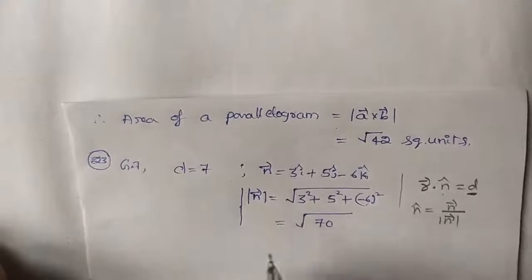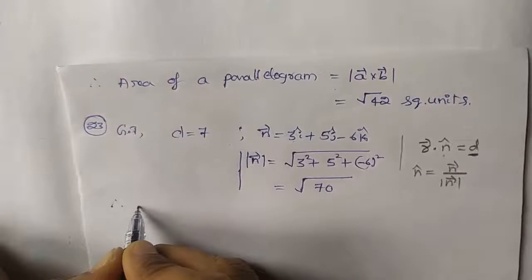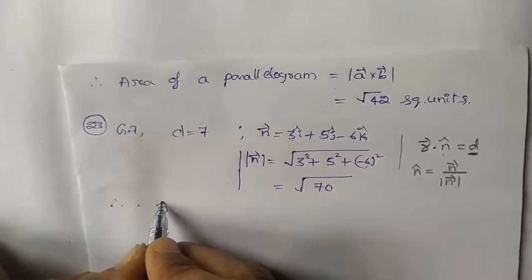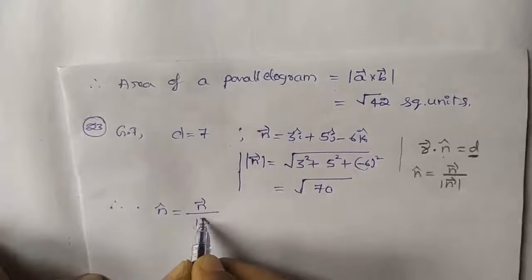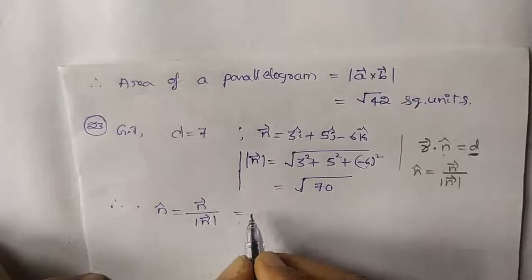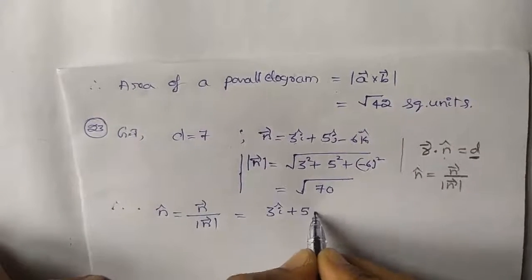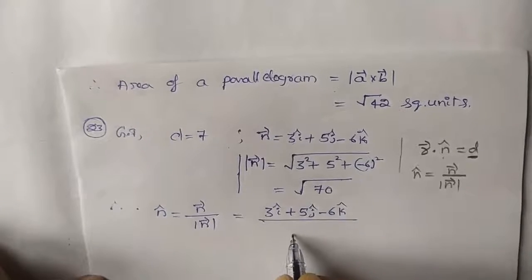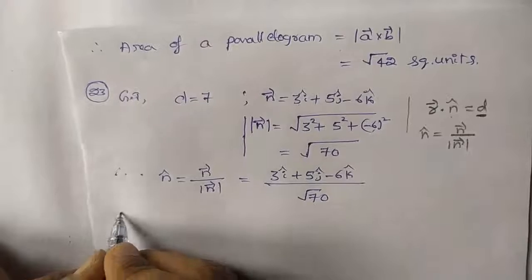Root 70. Now we know that, therefore, unit vector n cap equals n vector divided by magnitude of n vector. That is 3i plus 5j minus 6k divided by root 70. Therefore, write the conclusion.